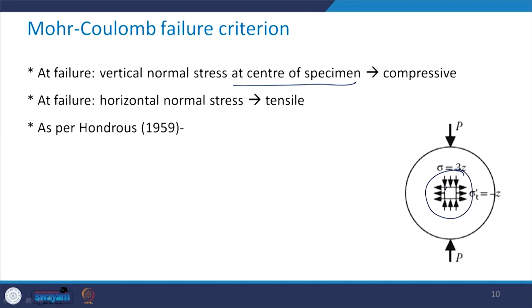If we take an element at the center of the specimen, you see that in the vertical direction you have the normal stress which is compressive in nature, and at the failure you will have the horizontal normal stress, that is this, which is tensile in nature.